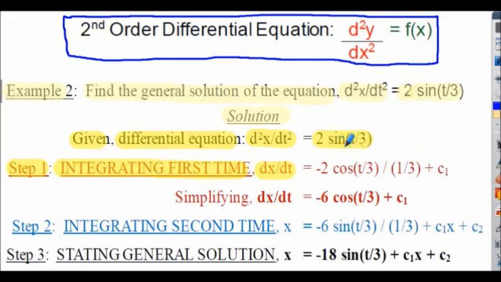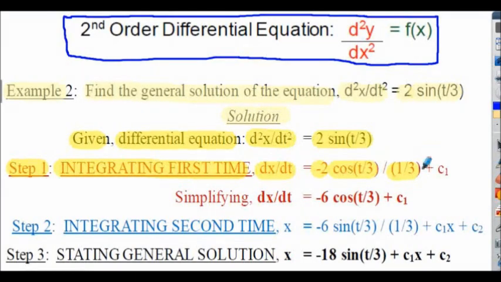So considering sine t divided by 3, that integrates to negative cos t divided by 3, divided by a third. That's the value of a in this case. So it's negative 2 cos t upon 3 divided by 1/3.